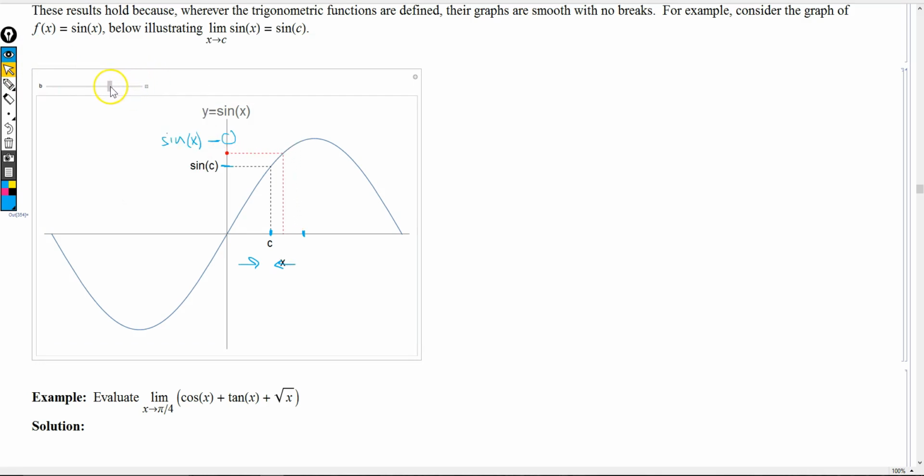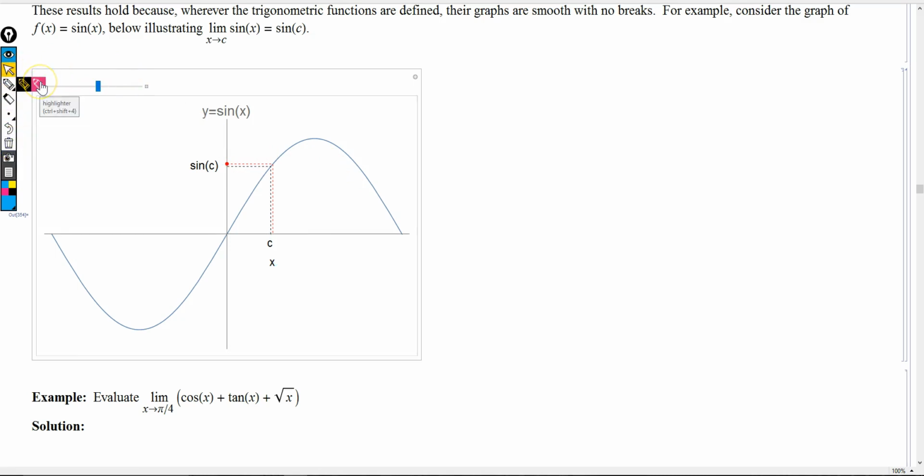And so as I let x approach c, notice the red dot is approaching sine of c. And the red dot is sine x. Okay, all right. So that result is true because those functions are smooth on their domains. Okay.